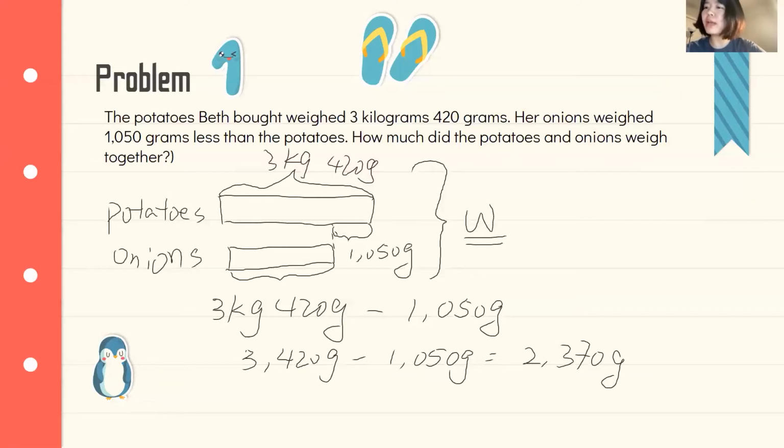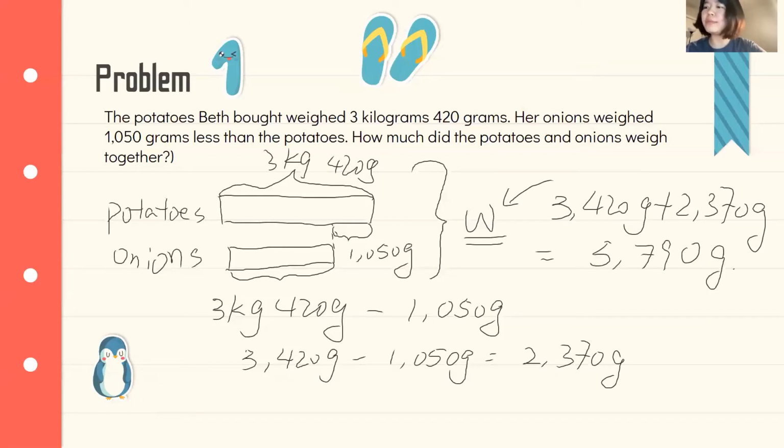For the potatoes, we have 3,420 grams, and we add 2,370 grams. This is the W we're looking for, and our answer is 5,790 grams. Or we can say it is 5 kilograms, 790 grams. You can write it both ways. So this is our first problem.